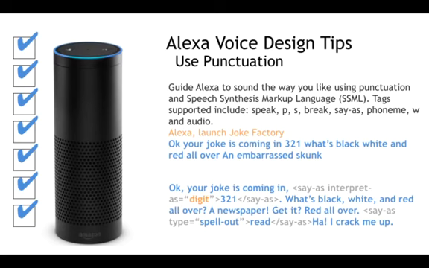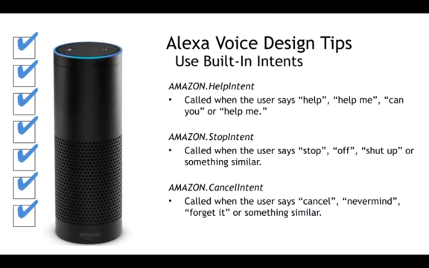And that's it for the voice tips. Also, more on the technical side, it's highly recommended for you to use the built-in intents. I showed you that a little bit when we were looking at the code. So Amazon help intent, stop intent, and cancel intent. Those are all three intents that are already built for you, and you can leverage them.